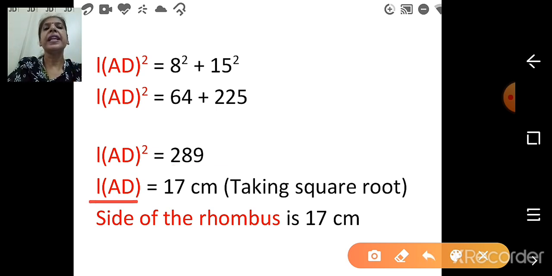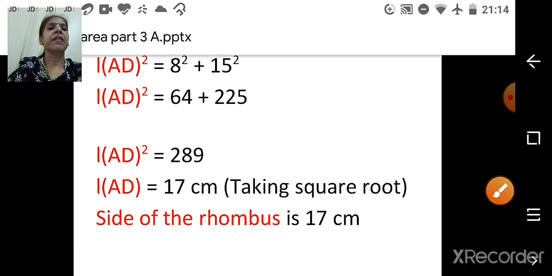Now we have to find AD. So we have to take square root. And square root of 289 is 17 centimeter. AD is equal to 17 centimeter. And what is AD? AD is side of the rhombus. And side of the rhombus is 17 centimeter.